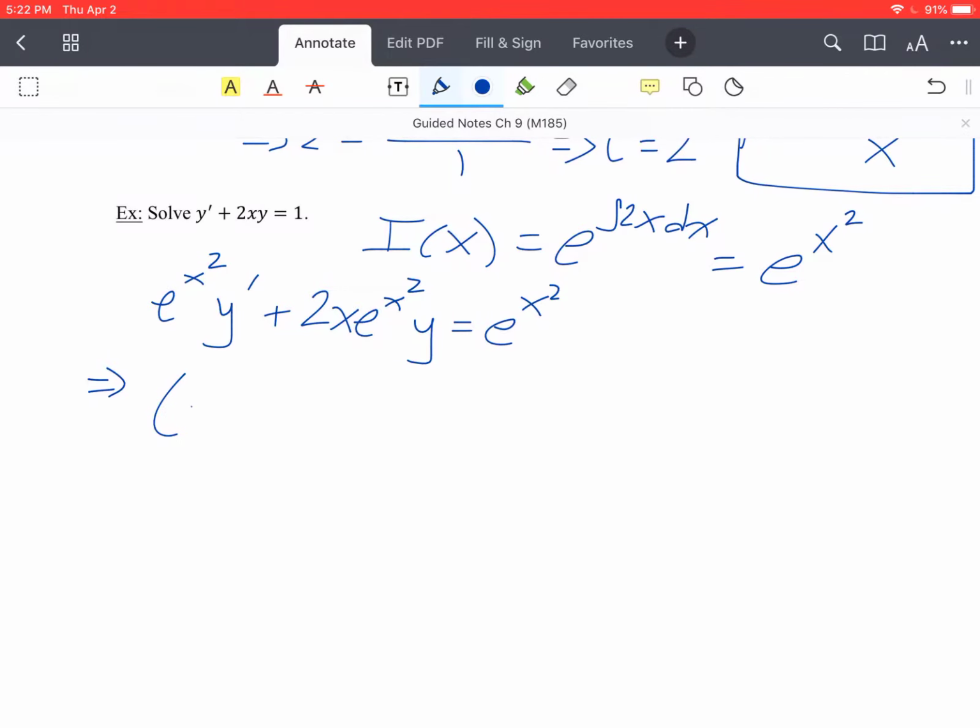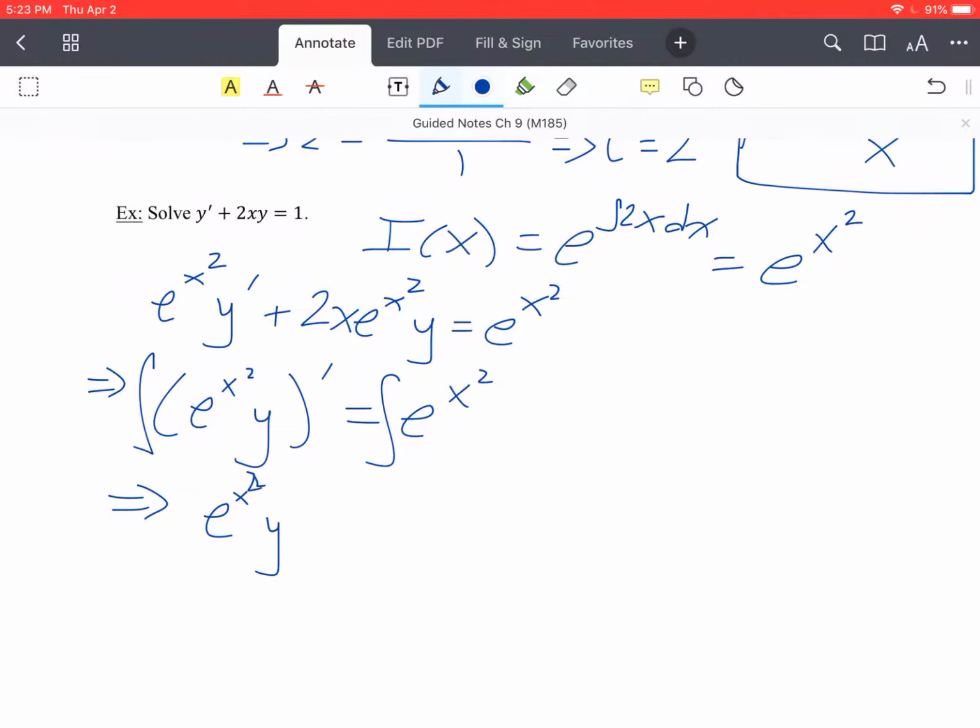On the left-hand side, that gives us I times y prime. And then that just leaves us e to the x squared on the right-hand side. So we're going to get, when we integrate, e to the x squared times y equals integral of e to the x squared dx.